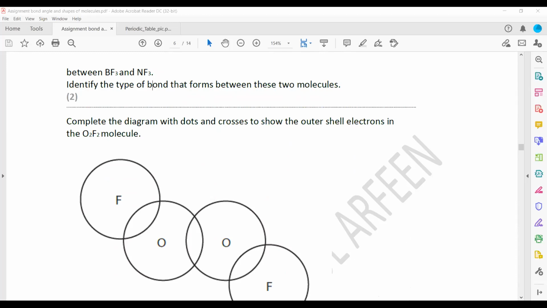And for the previous one, mention minimum repulsion for maximum separation, that is 1 mark, and mention that the lone pair repulsion is greater, which is why the bond angle will be smaller.